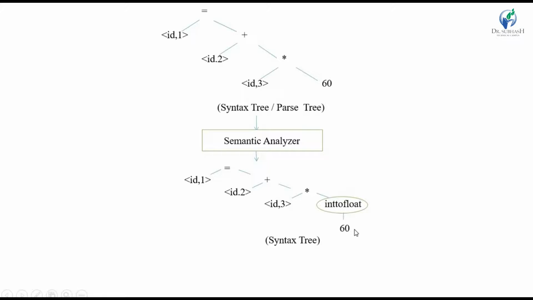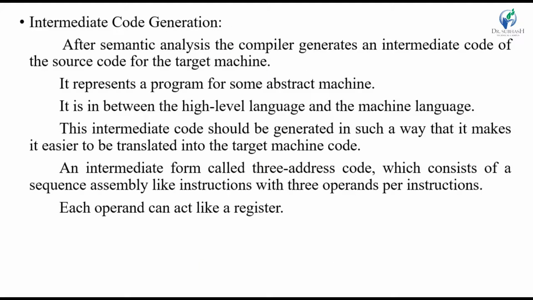Here you can write 60 or 60.0. So it also generates a syntax tree and passes it to the next phase of the compiler, which is the intermediate code generator. So next, intermediate code generation.